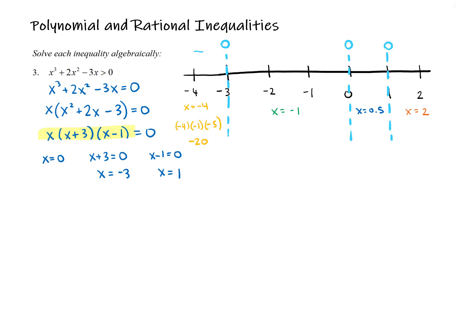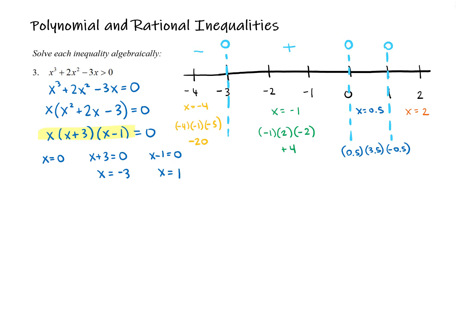My next region, I'm going to plug in -1. So I get x plus 3, and x minus 1. And when I multiply that out, I get positive 4. So this region is positive. When I plug in 0.5, I get x plus 3, and x minus 1.